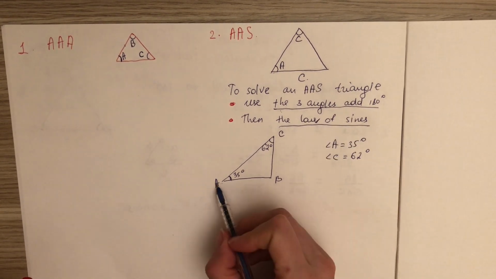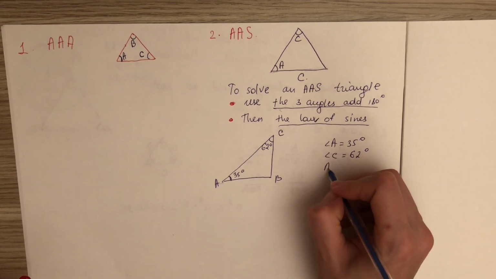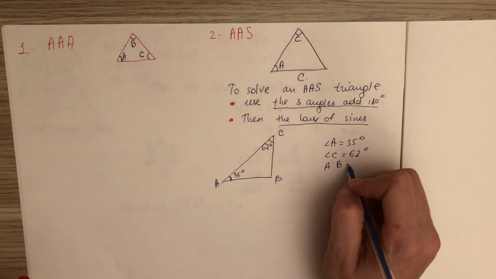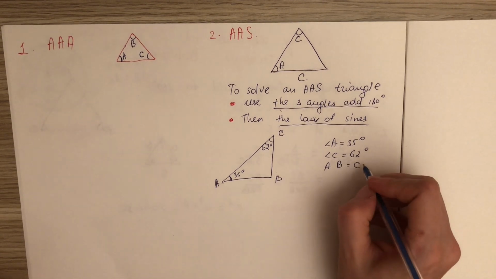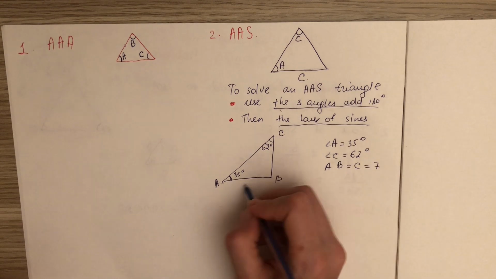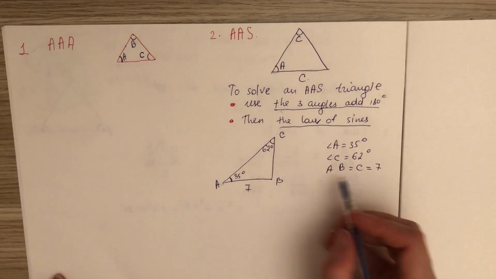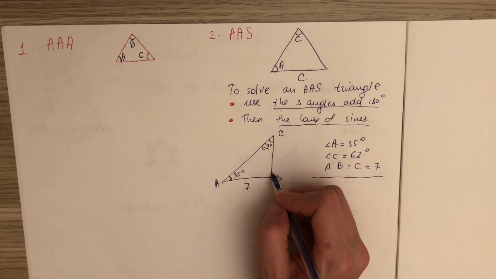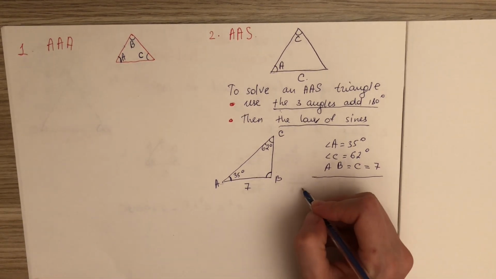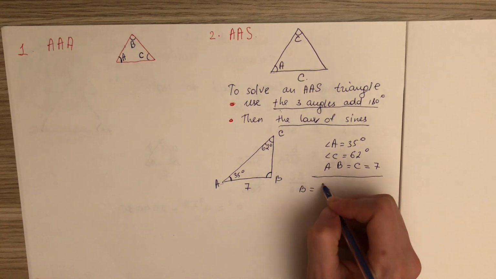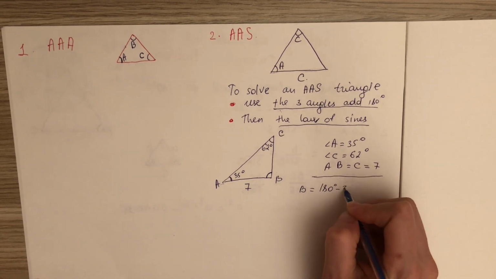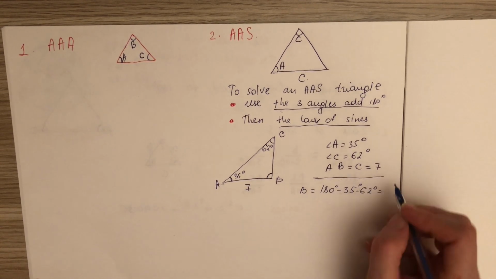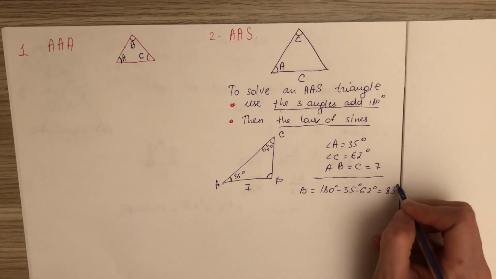And we are given side AB, or side C, equal to 7. So, in order to solve this problem, we should find angle B. Let's subtract, and we will get 83 degrees.